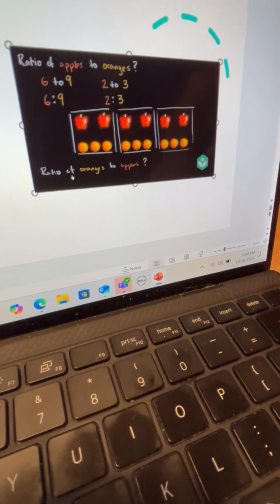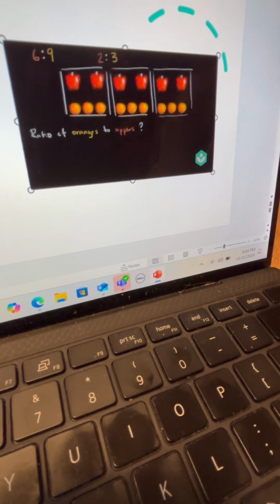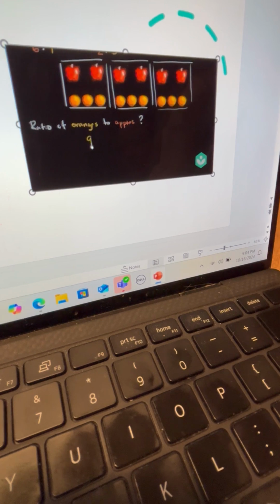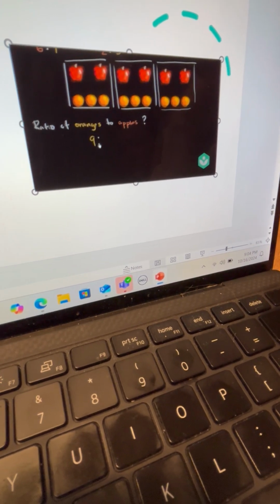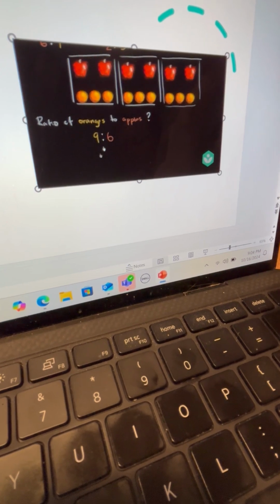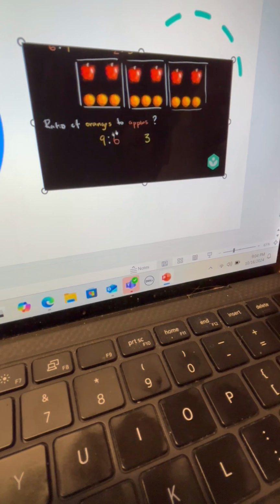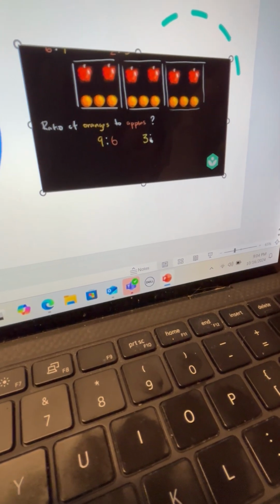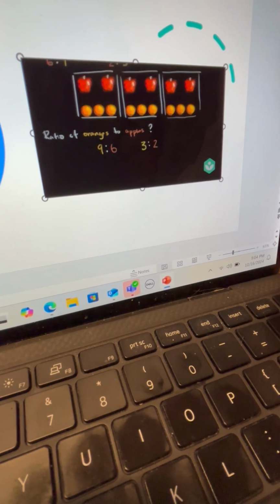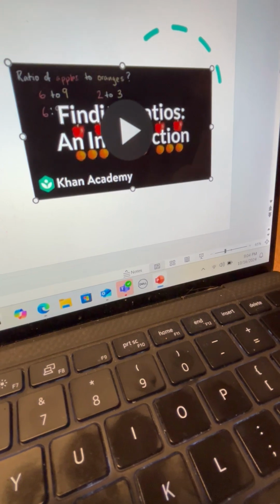Now we're saying oranges to apples, so we swap the numbers. We have 9 oranges for every 6 apples, so the ratio is 9 to 6. If we reduce it by dividing by 3, for every 3 oranges we have 2 apples.